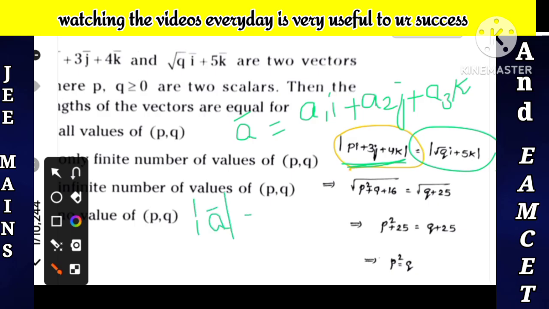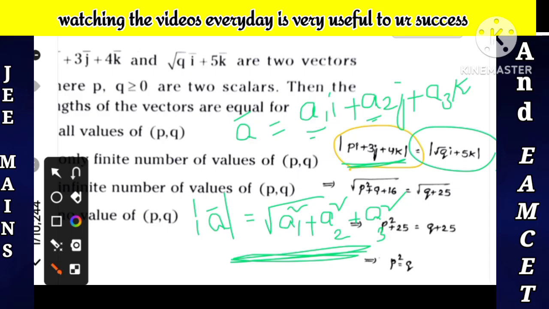The formula is mod a bar is equal to the square root of i component whole square, that is a1 square, plus j component whole square, that is a2 square, plus k component whole square, that is a3 square. This is the formula for finding the modulus value. Understand, all of you?